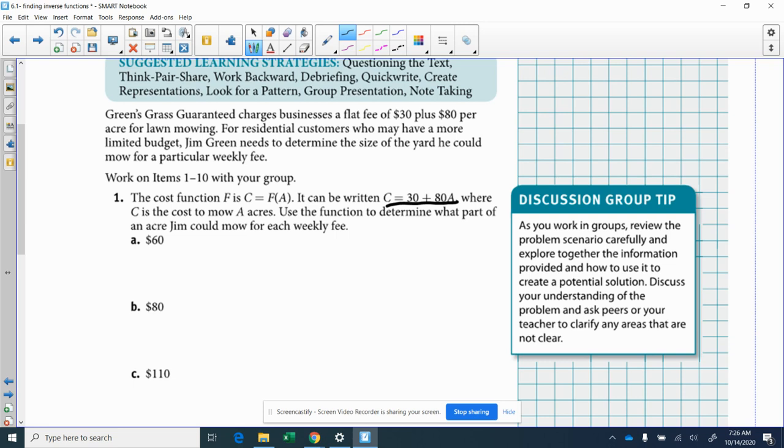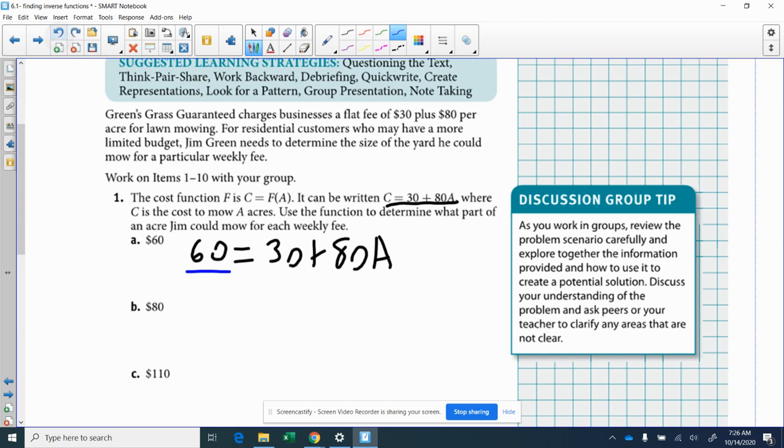Well, if you look down at number 1 here, they're giving us the cost of each one. So if I want to solve this out, to figure out how many acres I have in my yard, I'm going to set this equal to the cost, which is 60 equals 30 plus 80A. Notice how I can plug the cost in to find the acres.